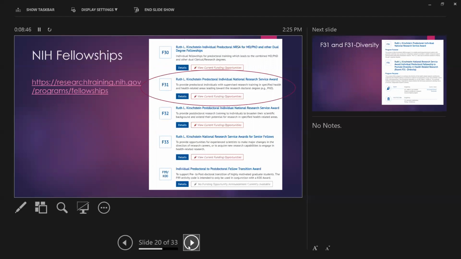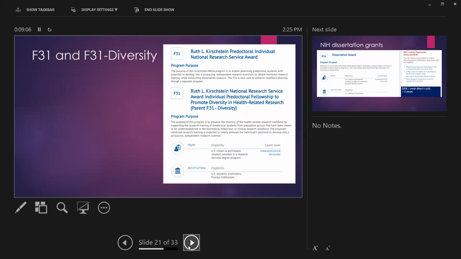So there are Fs for MD PhDs, there are Fs for PhD students, there are Fs for postdocs, Fs for senior fellows, all kinds of different Fs. But the one that's appropriate for PhD students is the F31. Okay, so that's what we'll be talking about.